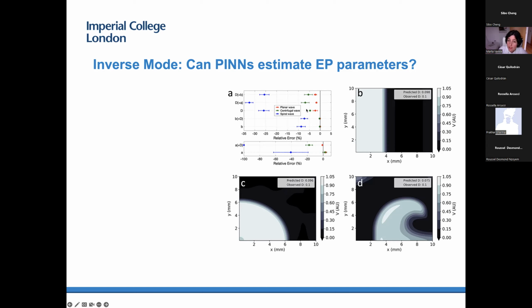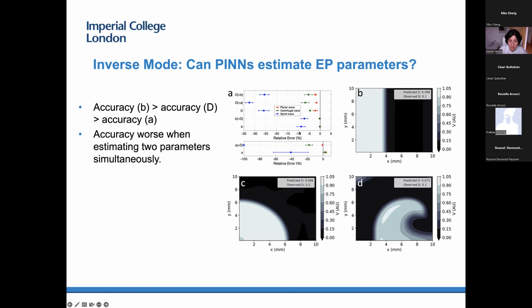Estimates of D are also quite good. Not so for spiral waves, and if you're interested, I can elaborate on why I think that is later on. And for A, it also does a decent job, particularly again for planar and centrifugal waves.